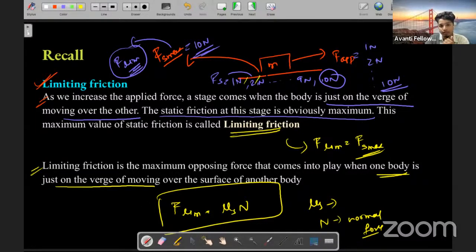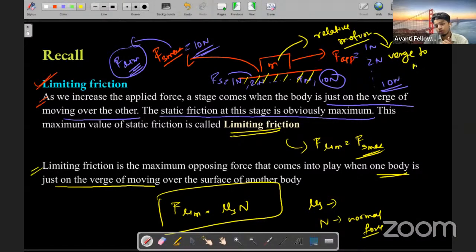Over here, there are two surfaces. This body will have a relative motion with respect to the other. When there is a verge of motion, in that verge there is this maximum limiting friction.